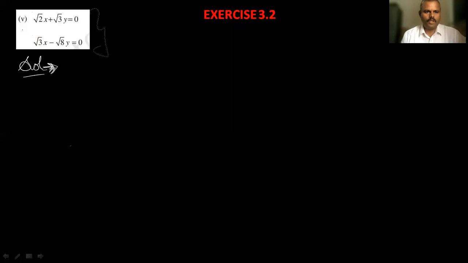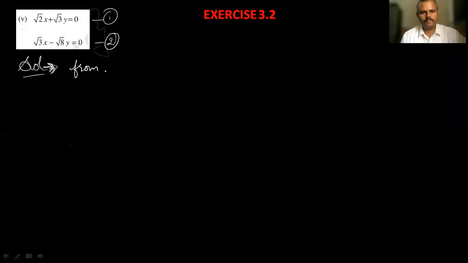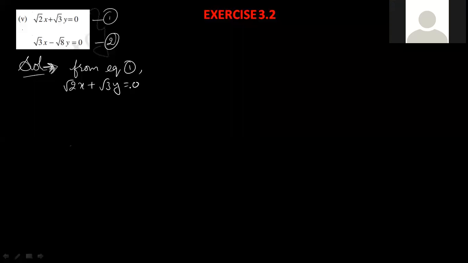So here you have the two equations. This is your first and this is your second equation. Now from equation 1, if you check this, under root 2x plus under root 3y equals 0.